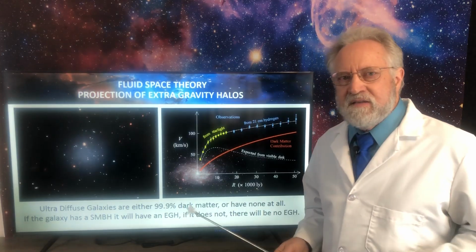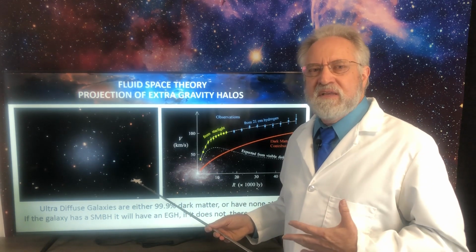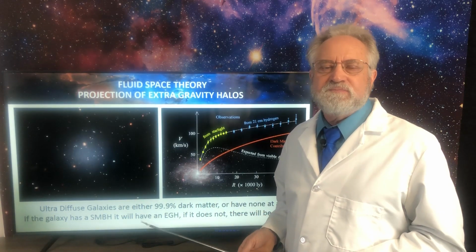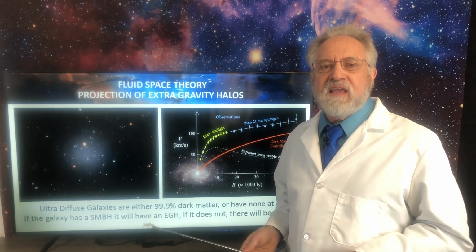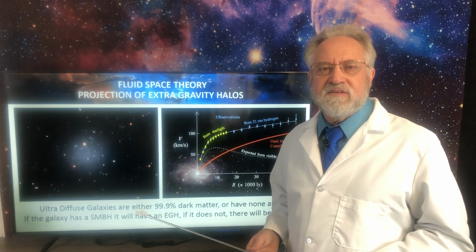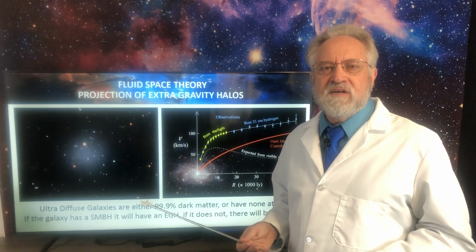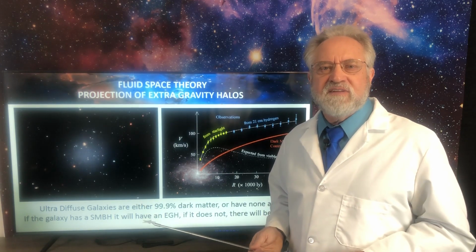There are other interesting galaxies out there. There are ultra diffuse galaxies, which either seem to be 99% dark matter or have no dark matter at all. And what this would tell us is that either they have a black hole or they don't. That's what fluid space theory would tell you. If they don't have a black hole, they're going to obey Newton's laws because there's no central core that's projecting an extra gravity halo.